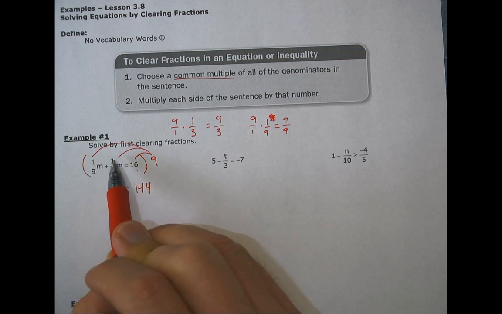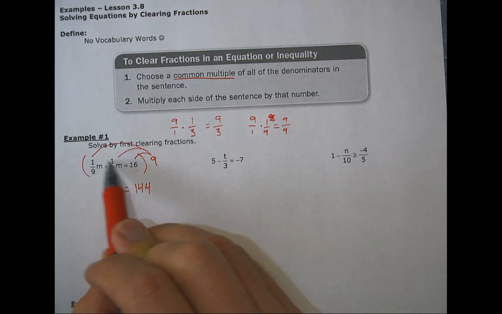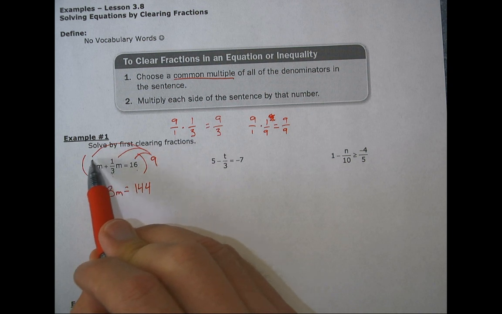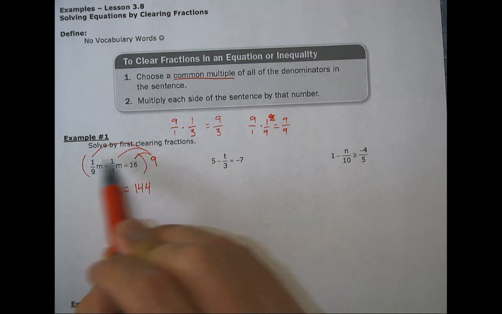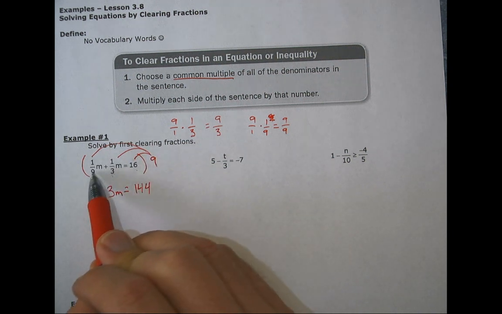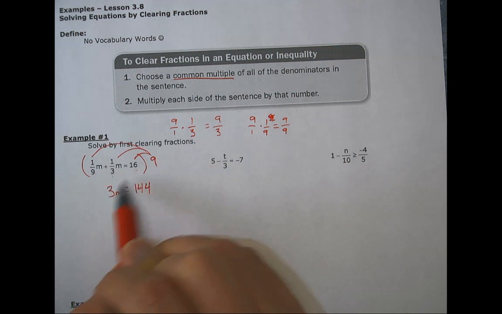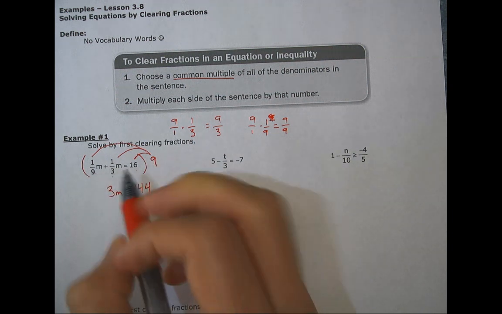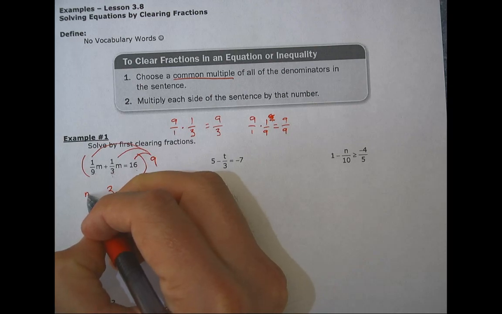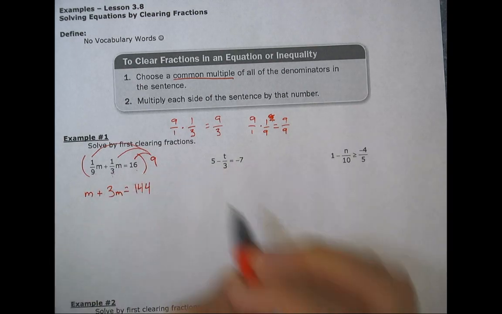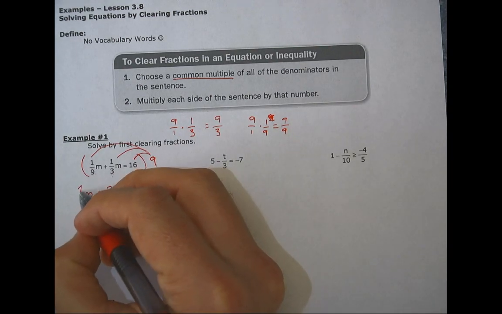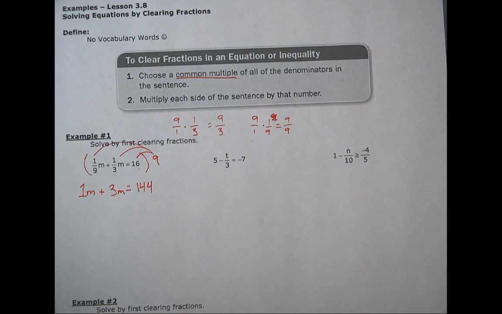If there was another number up here, 2, 3, 4, anything, then we'd actually have to do something else. But since it's a 1, all we have to do is divide this number by the bottom. So 9 divided by 3 is 3. 9 divided by 9 is a 1m. If you want to put the 1 there, you can. You don't have to.